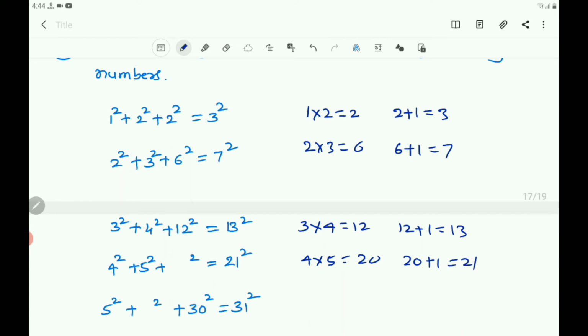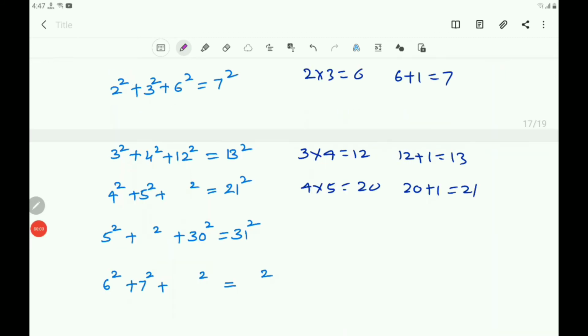So what you can write here? That is 20. Therefore, here the missing number is 20. That is 4 square plus 5 square plus 20 square equals 21 square.